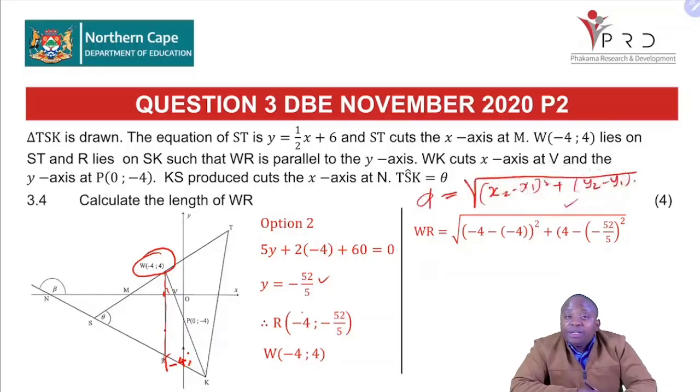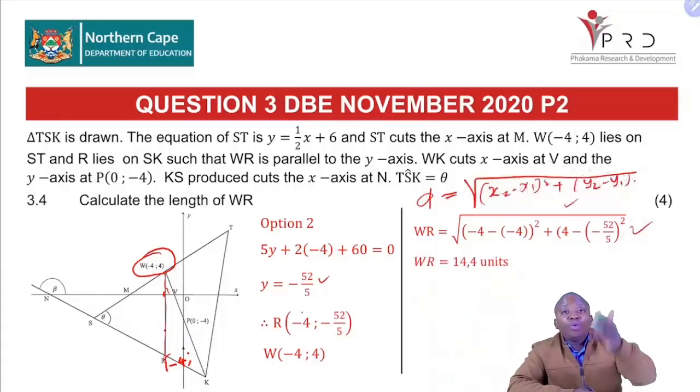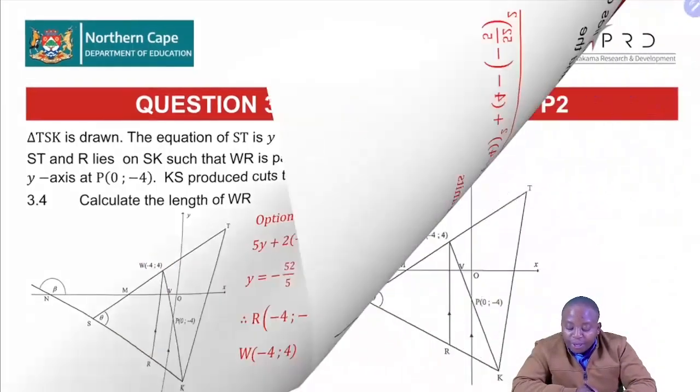That is how we use the distance formula. You can punch everything in a calculator, and my distance WR equals 14,4 units. Remember, we can subtract the top equation and the bottom equation, or we can use the distance formula.